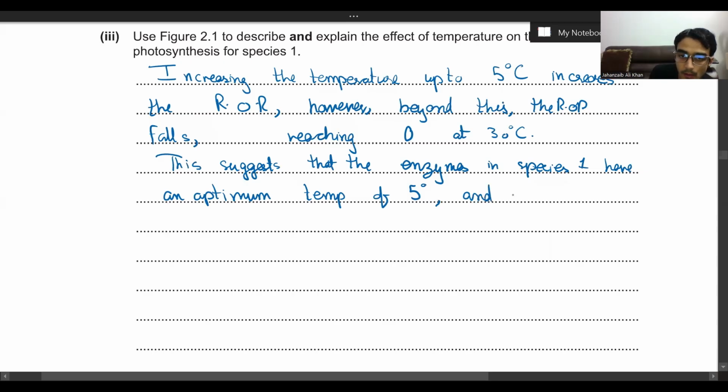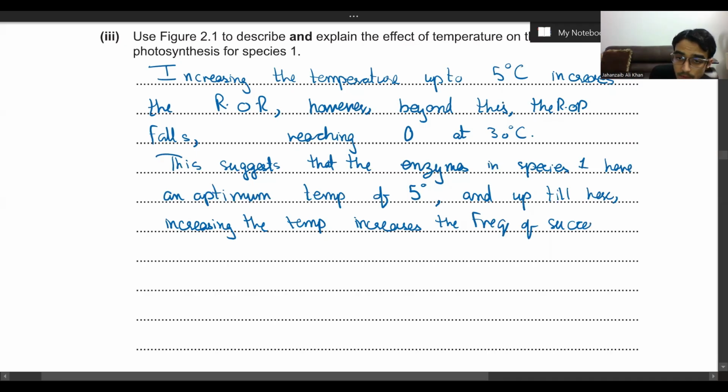Increasing temperature increases the kinetic energy, which increases the frequency of successful collisions. This is very important. Successful collisions.